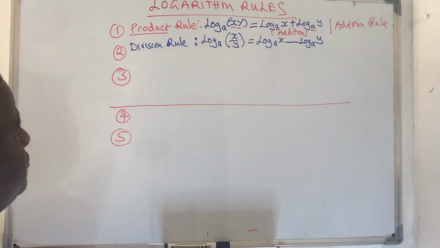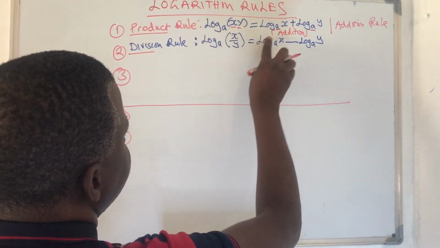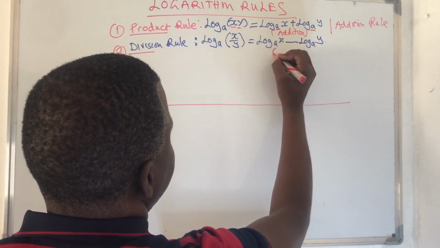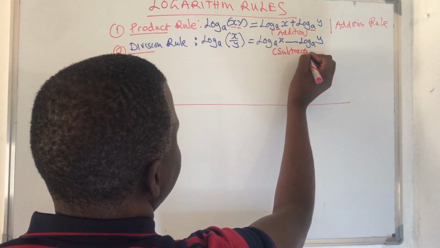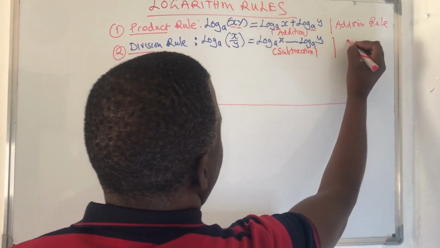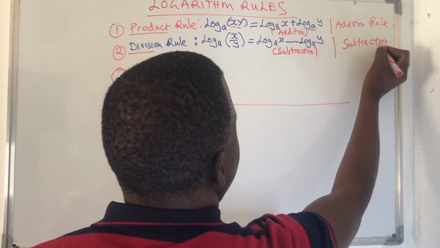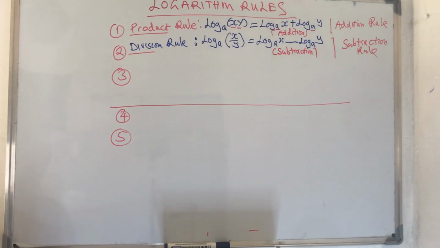So the difference between the product and the division rule is that instead of having a plus there, here we have a minus. So this one can also be called the subtraction rule. Okay, so I'll write here subtraction rule, because you are actually subtracting.